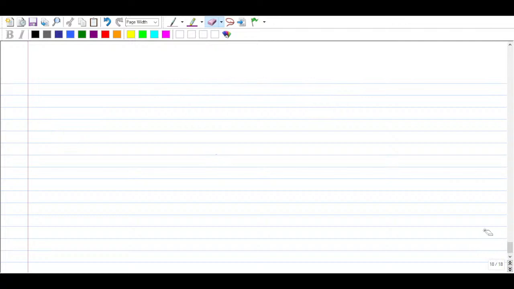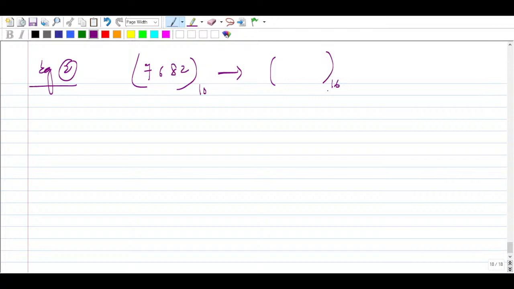So let's take again one problem here. Suppose you have got one number, example number 2 I'm taking, 7682. It is given in your decimal number system and you have to convert it to base 16, or you can say hexadecimal.